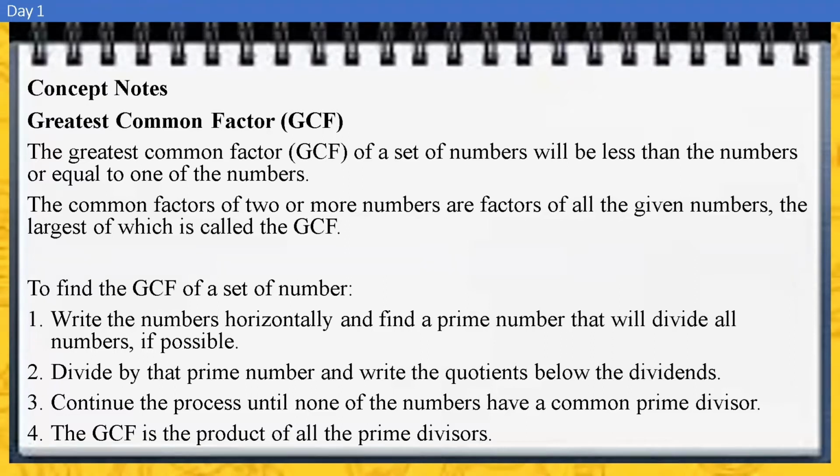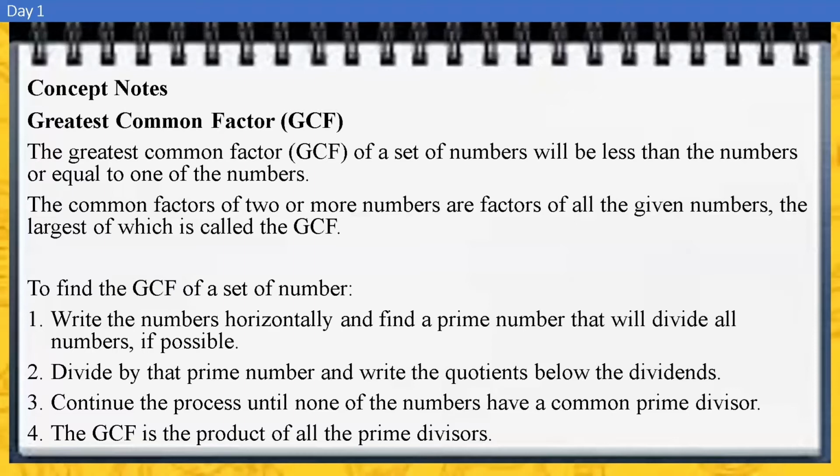Then we divide by that prime number and write the quotient below the dividends. Next, continue the process until none of the numbers have a common prime divisor. The GCF is the product of all the prime divisors. To fully understand this, we will have an example later.